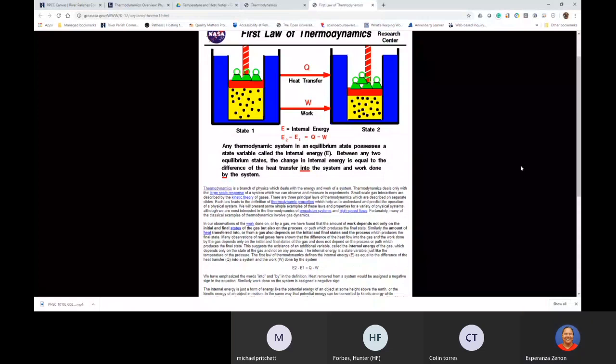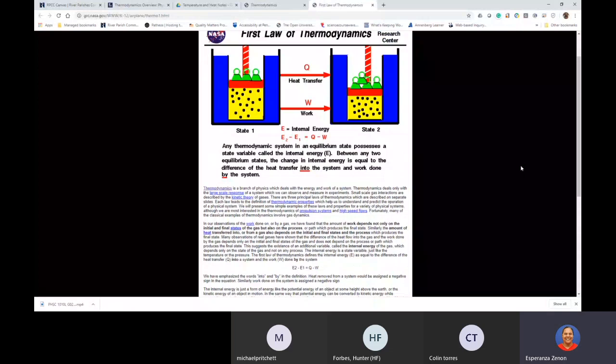Okay, so the first law of thermodynamics looks at how the internal energy changes, how much. We don't need to know the actual inner workings, but we do need to know how much this internal energy is changing in our system.